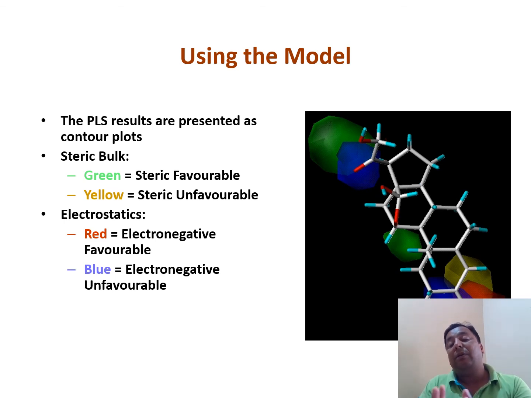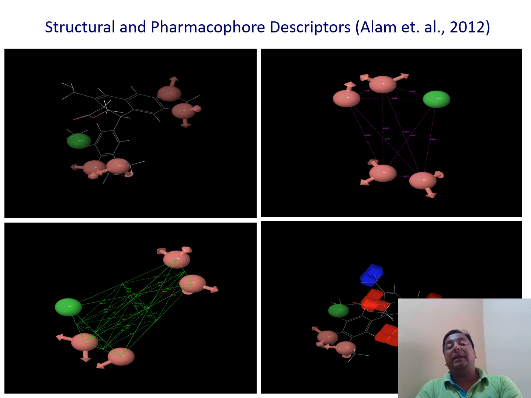This will be categorized into steric and electrostatic. So green and yellow come under the steric effect, and red and blue come under the electrostatic effect. Red colors represent electronegative favorable atoms or regions, and blue represents the electronegative unfavorable regions or atoms.